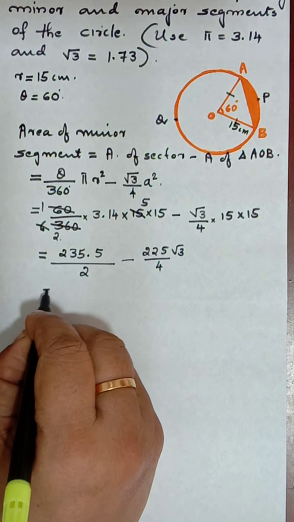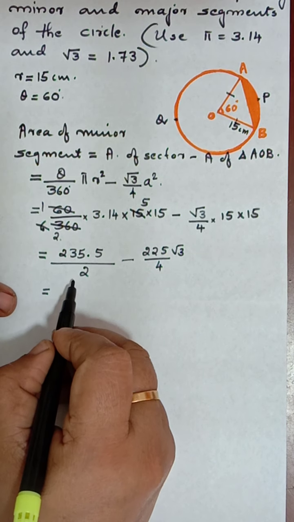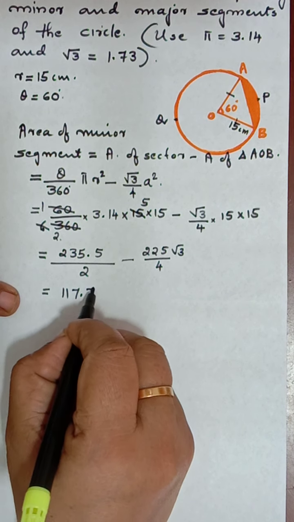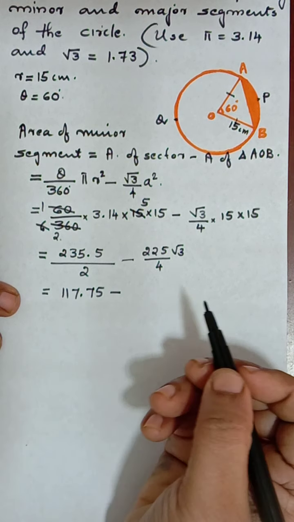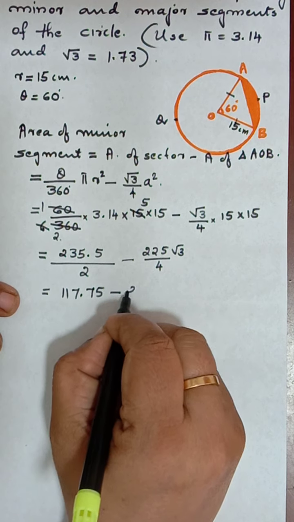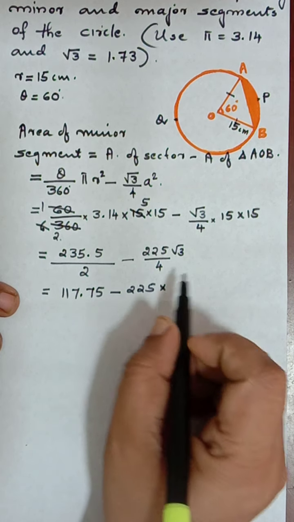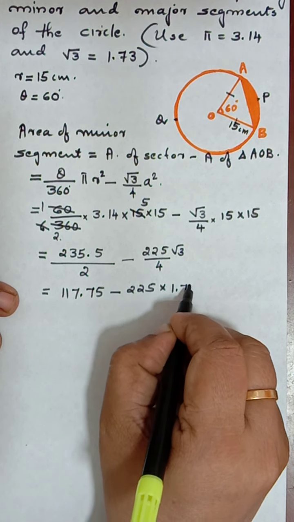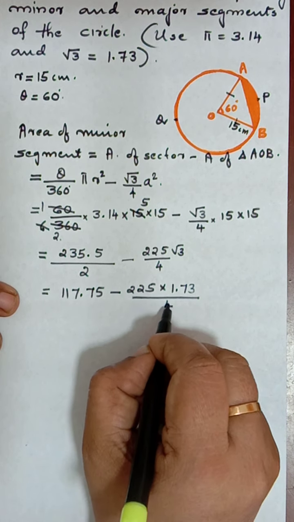So this becomes equal to, when you divide this, you will be getting it as 117.75 minus 225 into, as it is given, in 2 decimals the value is given for root 3, 1.73 divided by 4.